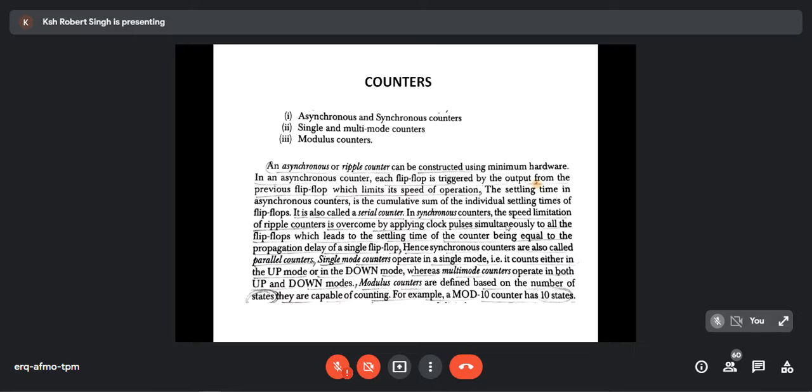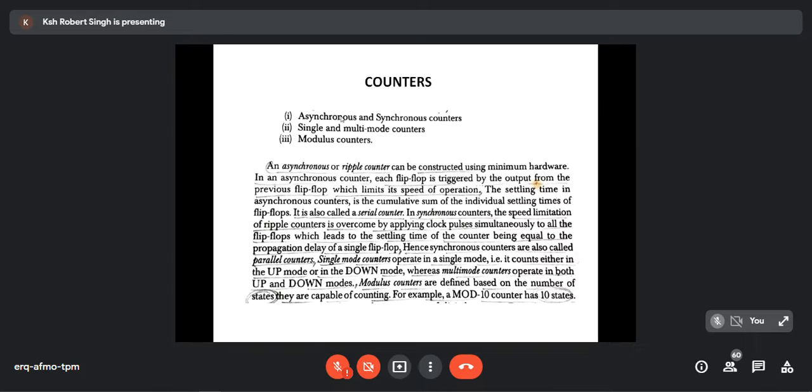Counters can be classified as asynchronous and synchronous counters. Asynchronous counter means all the flip-flops are not activated at a time.